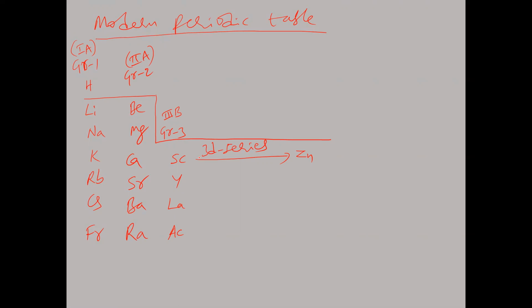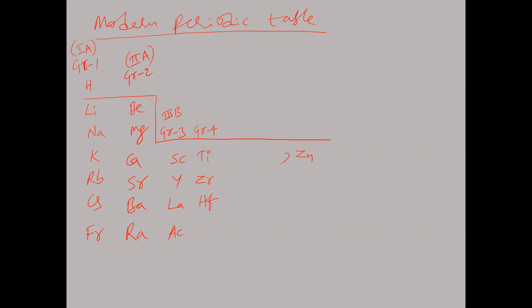Next, group 4 also you have to remember. Group 4, IUPAC group number 4 elements. After scandium, titanium is there. First write down Ti, which means titanium. Next, zirconium, Zr. After that, hafnium, Hf.